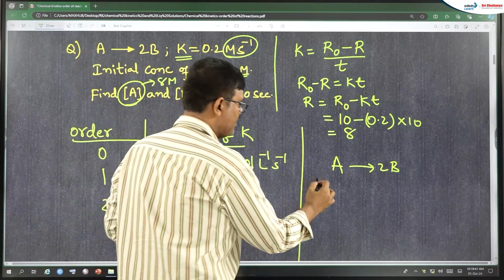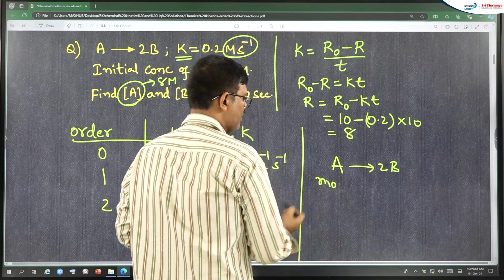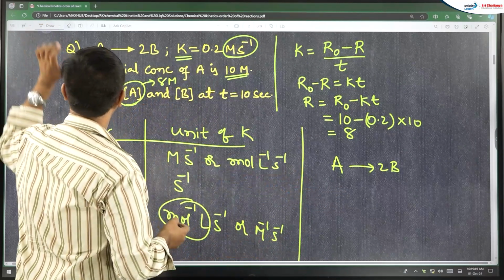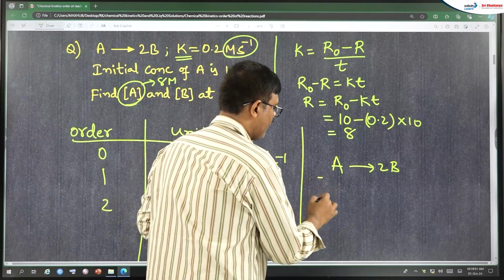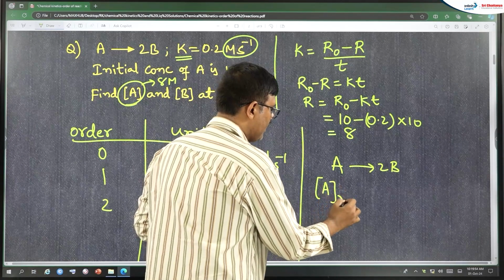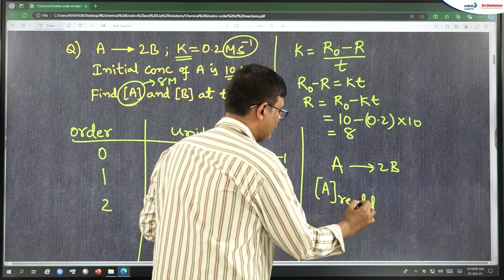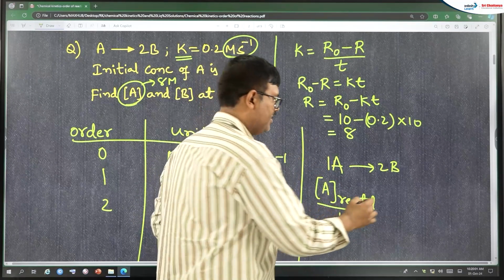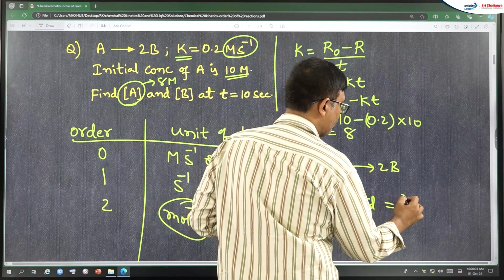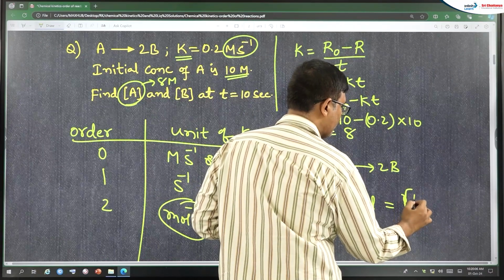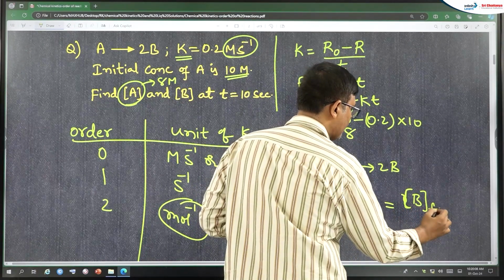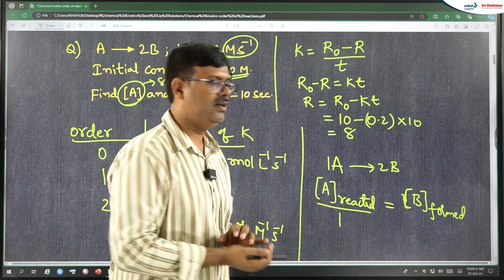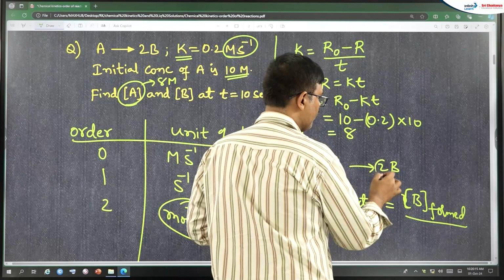That means the molarity of A reacted, divided by stoichiometric coefficient, is equal to the molarity of B formed, because B is forming, divided by its stoichiometric coefficient.